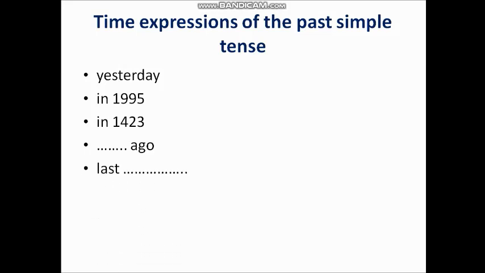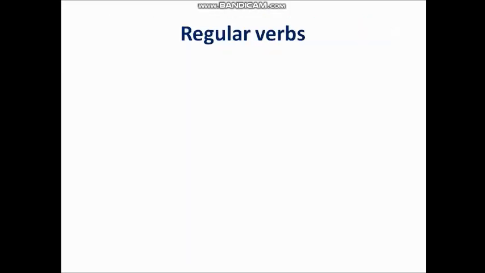And last plus a period of time, for example, last week, last year, or last summer. These are time expressions of the past simple. When we see one of these time expressions in a sentence, we put the verb in the past simple.